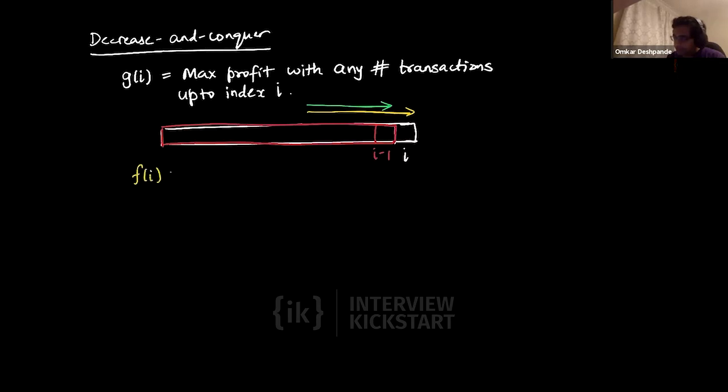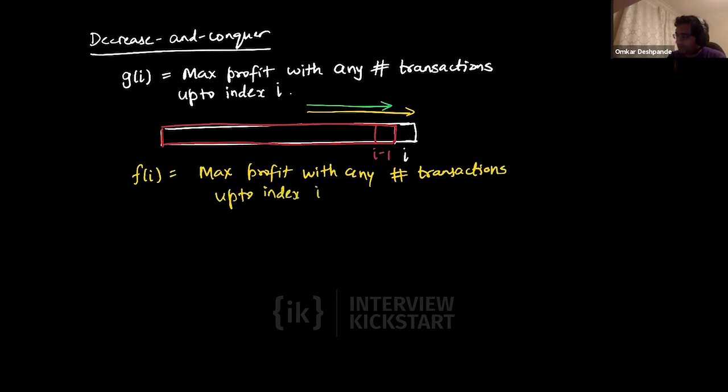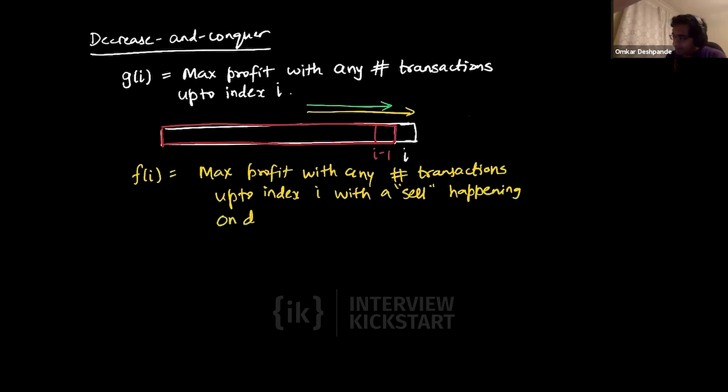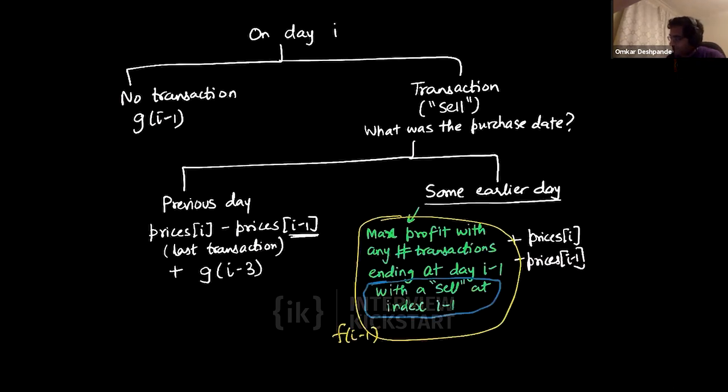F of I: the maximum profit with any number of transactions up to index I with a sell happening on day I. So again, let's write the equation for g of I, and then we'll write an equation for f of I.